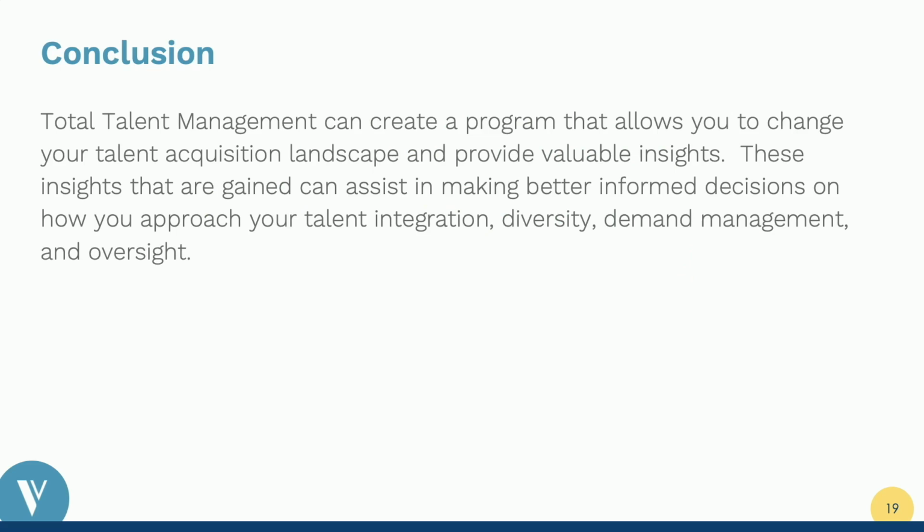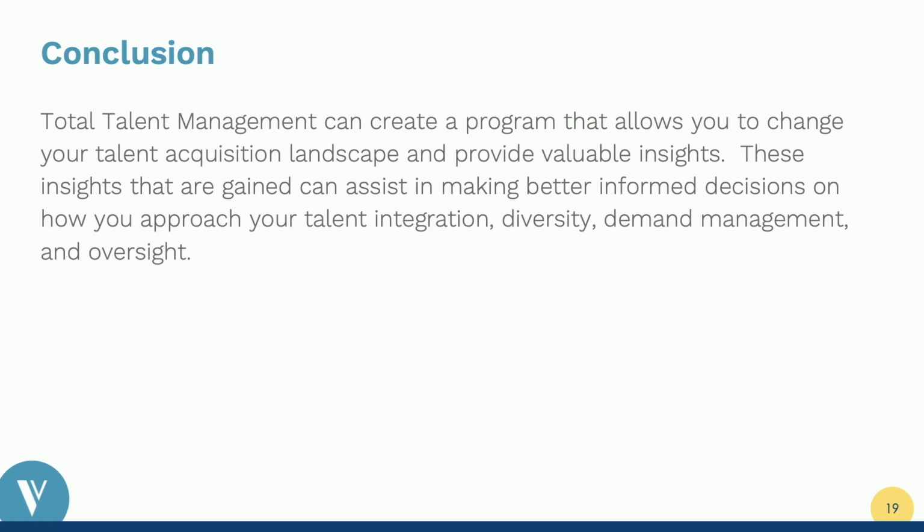So I think we've given the overview of what total talent management is, what its goal is, how we define it, how we look at our people, how we start, how we measure our technology, how we make our technologies integrate. We've looked at some of the supporting reporting and success metrics. So the whole conclusion is that total talent management can create a program that allows you to change your talent acquisition landscape.